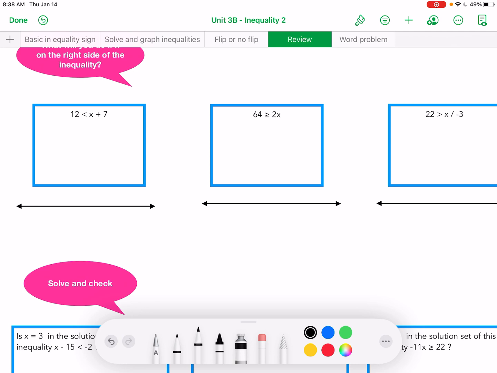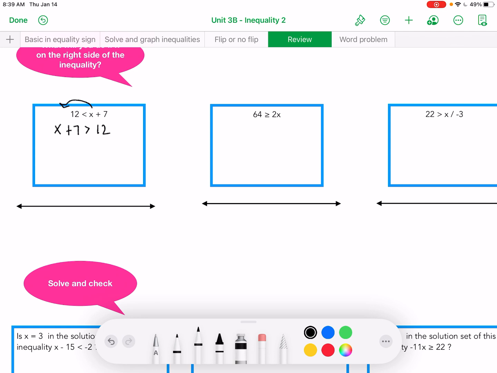Here we have a number increased by 7 is greater than 12. We're going to flip it, but when you flip it, make sure you keep the sign the same. So we say a number increased by 7 is greater than 12. Now we've moved the variable to the left side of the inequality.